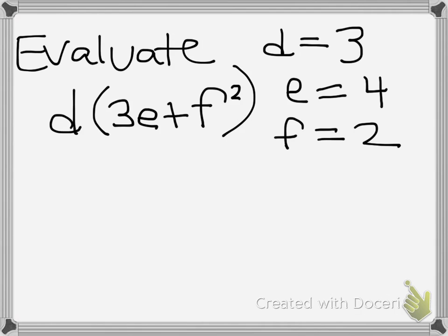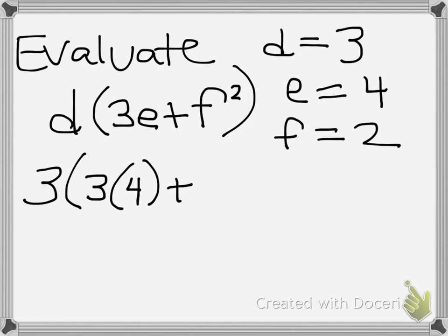Now for the final example using order of operations, I would have these letters that I need to evaluate. I need to plug in what the value of the letters are first. So D is 3, E is 4, so that goes in for E, and F is 2.